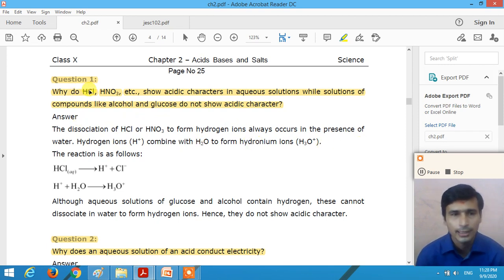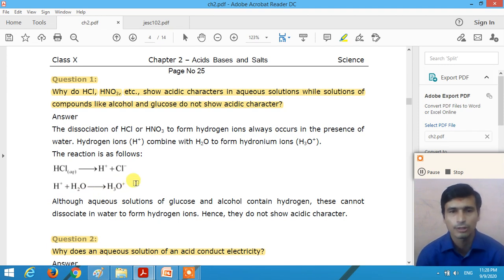So in HCl and HNO3 the H plus ion is present, and it combines with water molecules to produce the hydronium ion H3O plus. Let us see the reaction. HCl contains the H plus ion and the Cl minus ion. This H plus ion combines with water, H plus plus H2O, and we get the hydronium ion H3O plus.